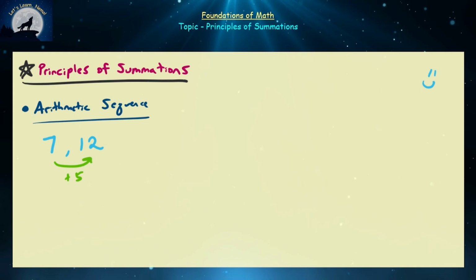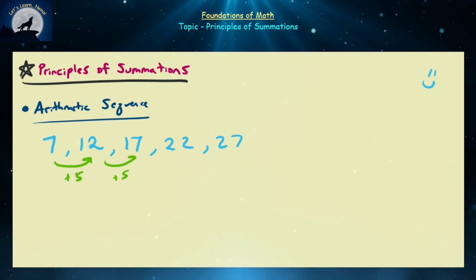So if this is the start of an arithmetic sequence, then the next term will also have a difference of 5. So obviously, 12 plus 5 will generate a new term of 17, followed by 22, followed by 27, and this sequence can continue onwards down to, for example, 1562. It could also be 1567 because, in case you cannot see, the last digit is either 7 or 2, as long as we keep that difference fixed, right?